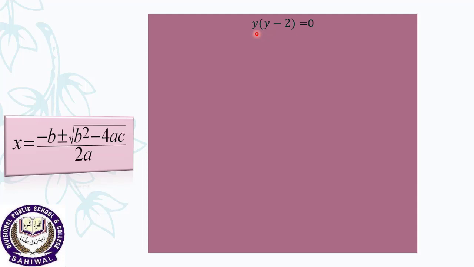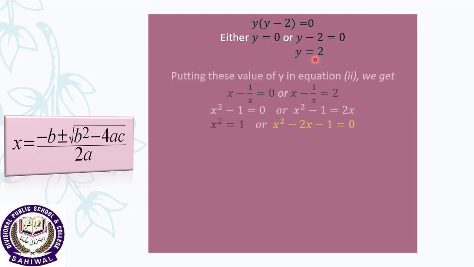Taking y as a common, we have y times y minus 2 equal to 0. From here we get two roots, either y is equal to 0 or y minus 2 is equal to 0. So we have y is equal to 2.